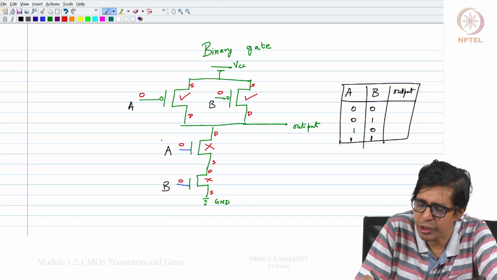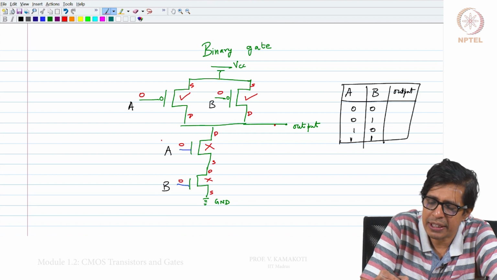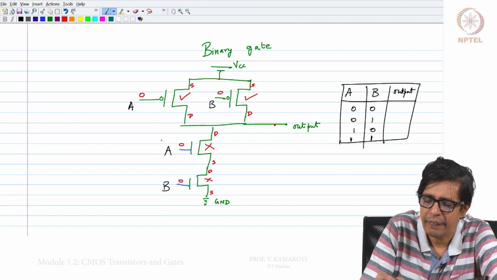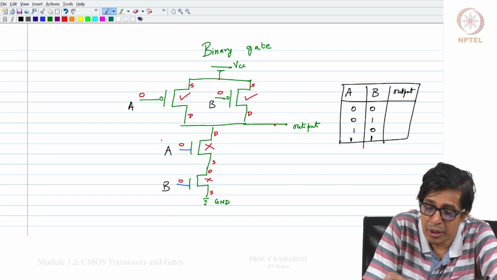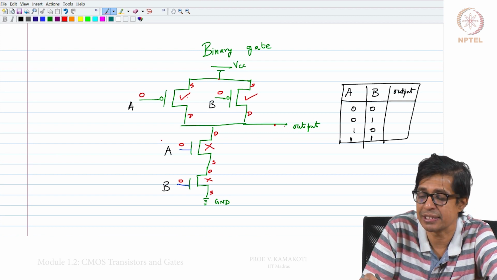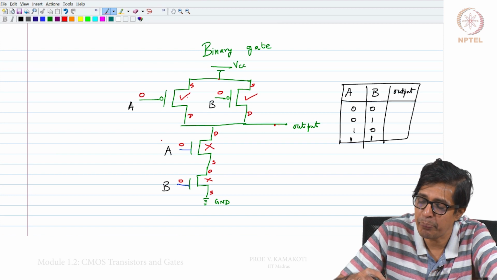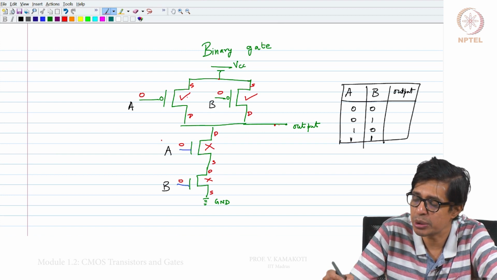So, this point and this point are the same, because for all practical purposes it is behaving like a short. When I measure the voltage here, what I see is 1.